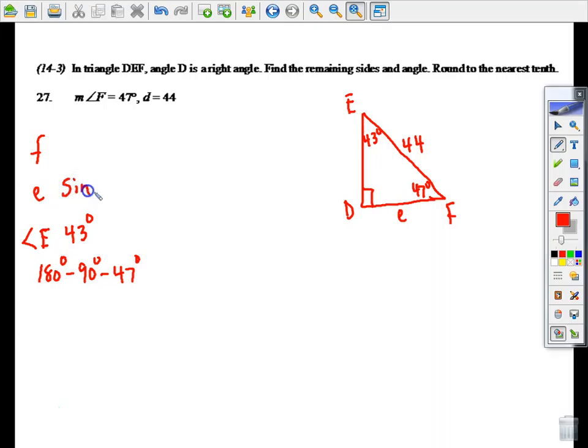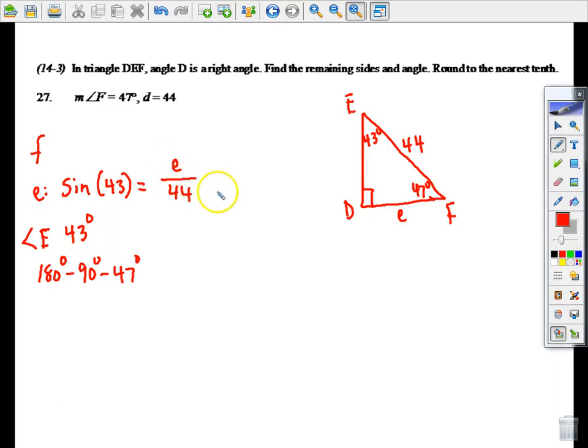Sine 43 is equal to the opposite side, which I'm calling E, over the hypotenuse. Here's how we're going to find side E. Hopefully you understand why we're using sine, opposite over hypotenuse, and we actually show opposite over hypotenuse on the right side of the equation.